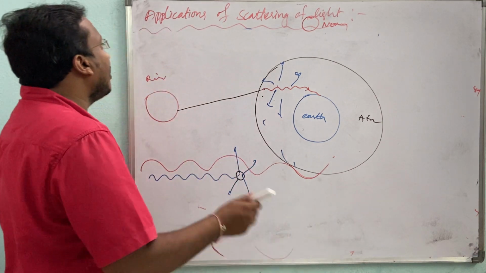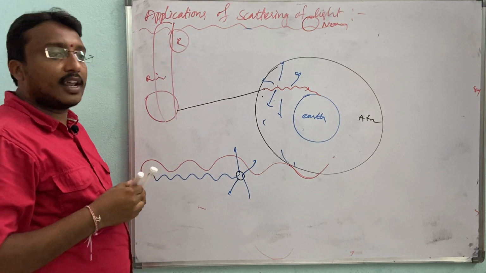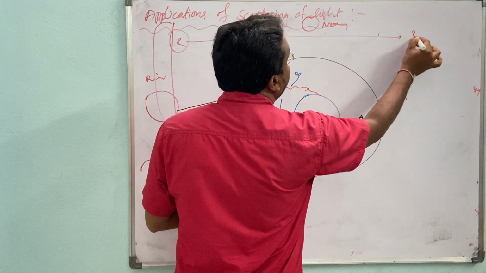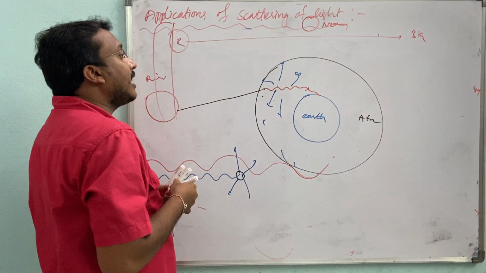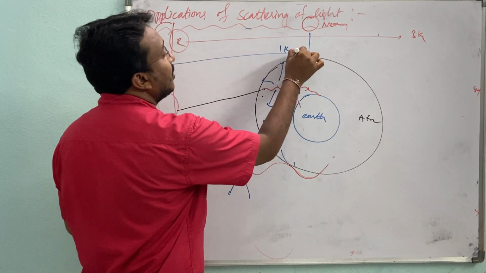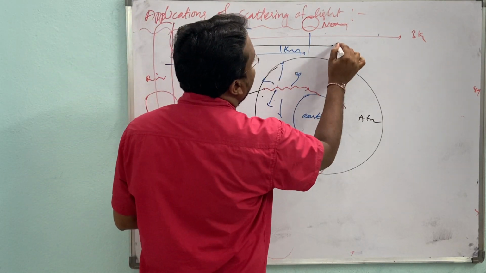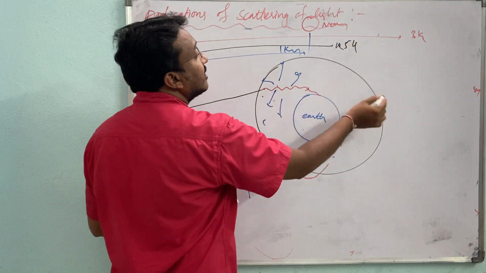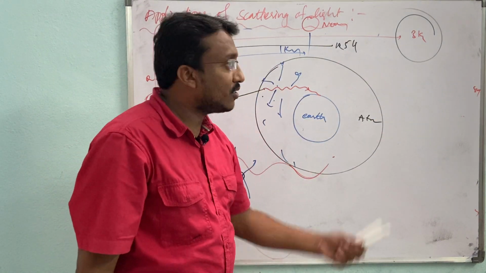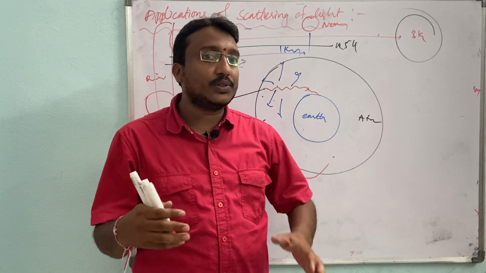The red light can travel approximately 3 kilometers, while other colors travel less than 3 kilometers. For example, blue color travels only 1 kilometer, yellow travels a little bit more, but the red color can travel the highest distance. Why? Because less scattering takes place, so it travels a much longer distance. So that's why the red color is used as a danger symbol.